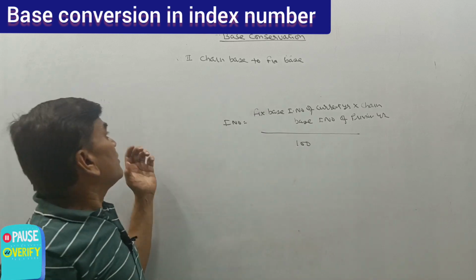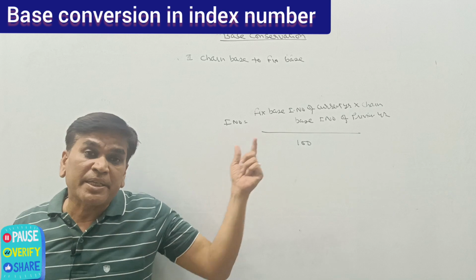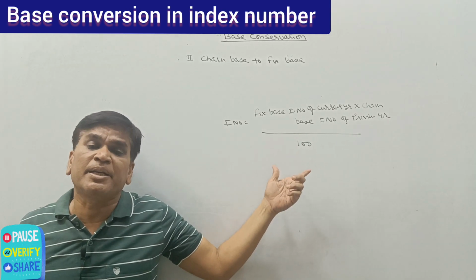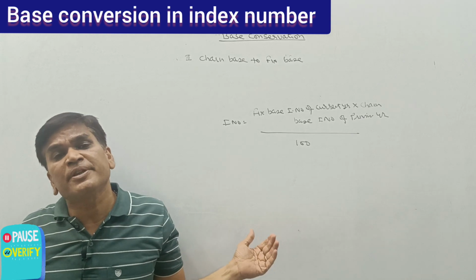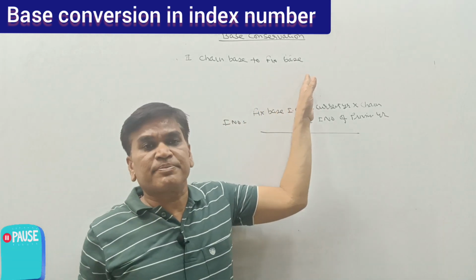It means we first have the fixed base index number, multiply by the chain base index number, divided by 100. So with the help of this we can change our chain base index number to fixed base index number.